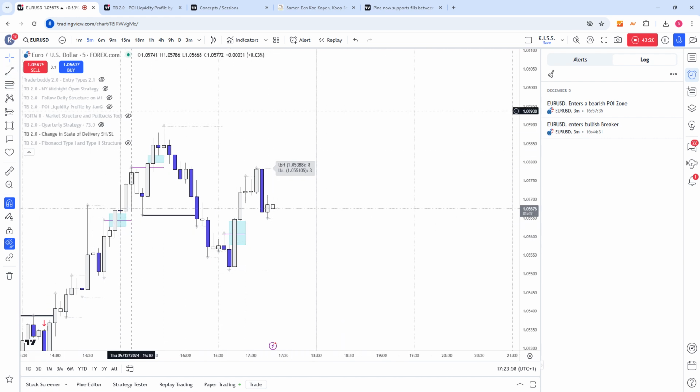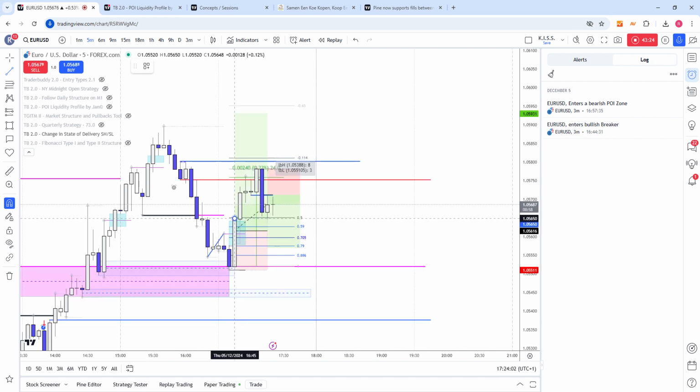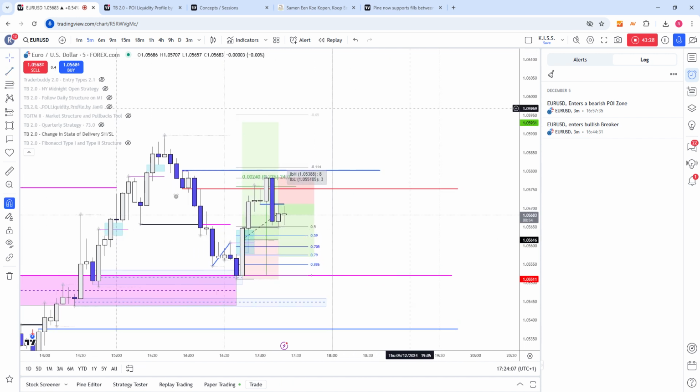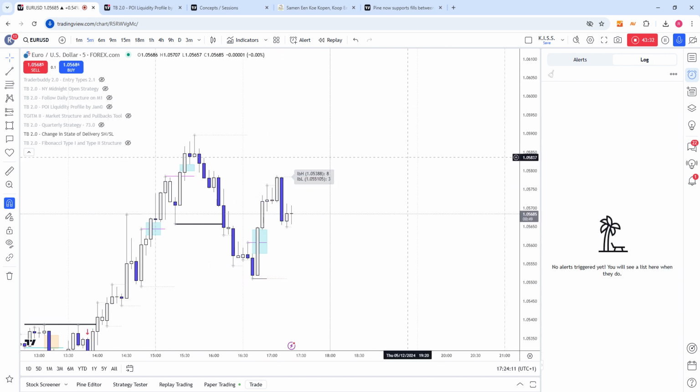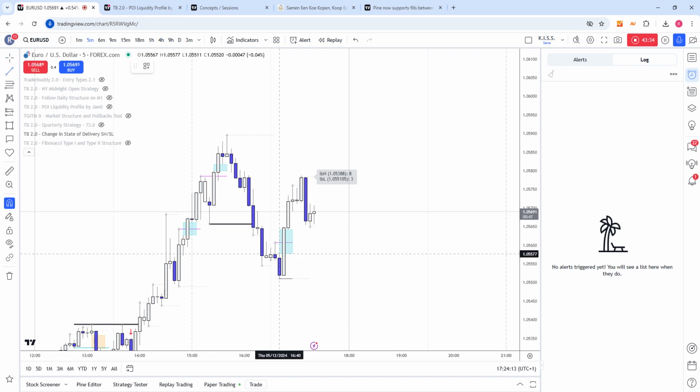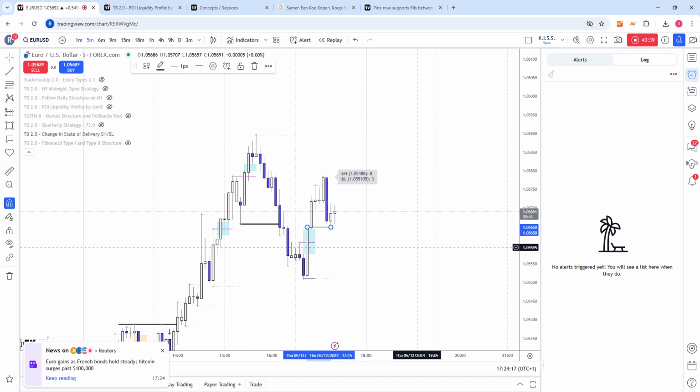What do we see here? On the 5 minute, we have too much on the chart, but that's why you need a fixed number of time frames, because otherwise you're gonna go mad.